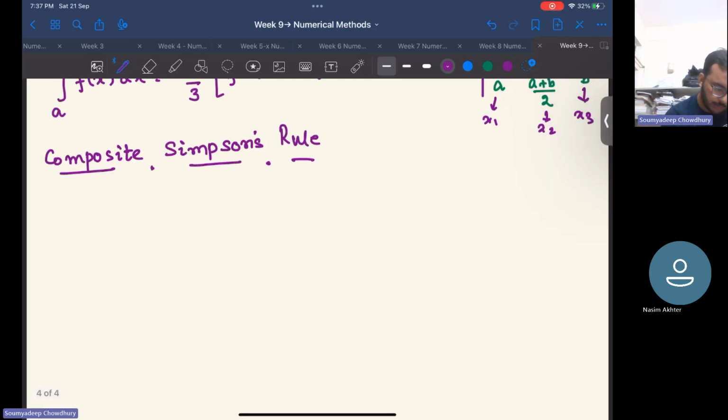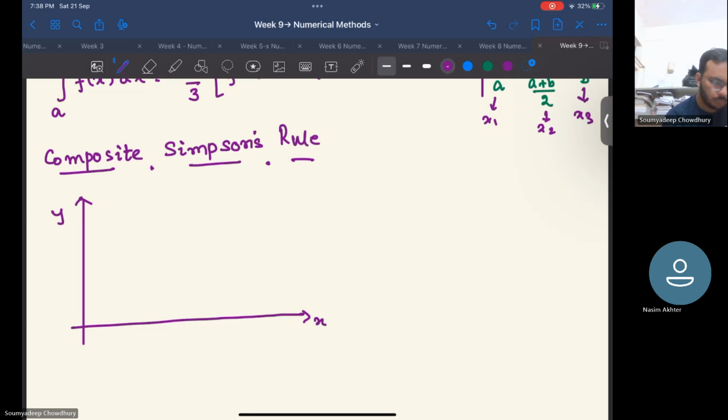So in the composite Simpson's rule, suppose you have a function like this.